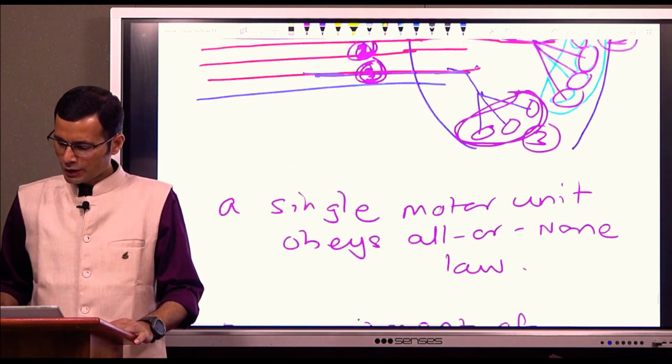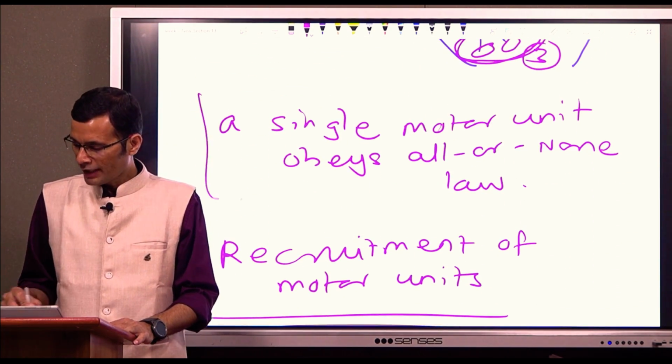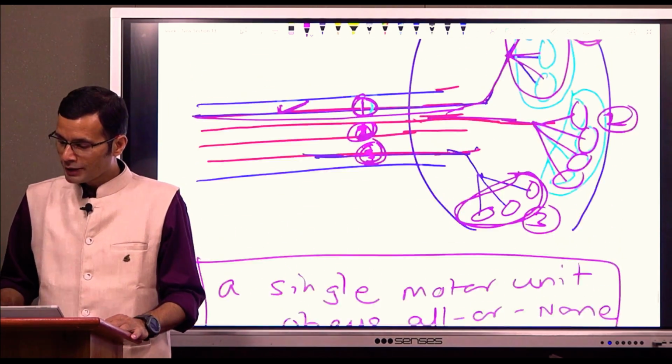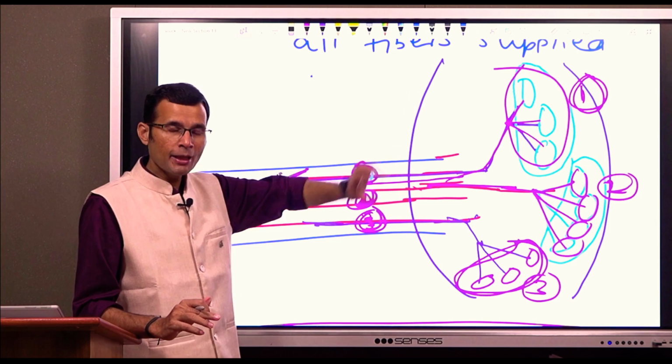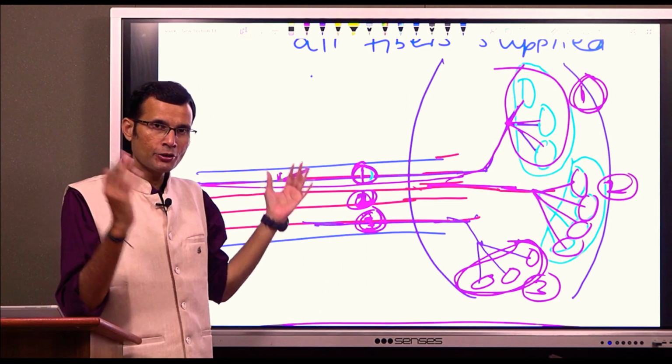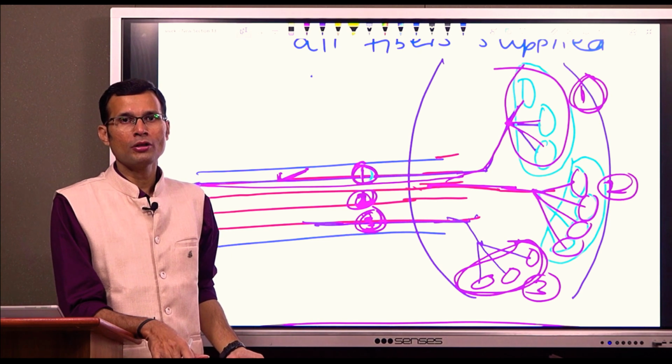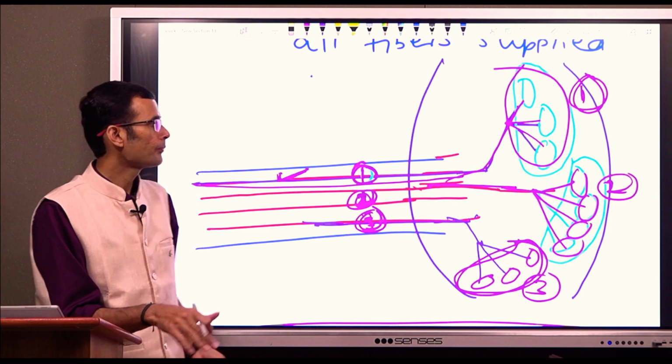So remember, what we have said is a single motor unit will always obey all or none law. Means all the fibers in a motor unit will either be contracting together, all of them, or they won't be contracting at all. None of them will be contracting.